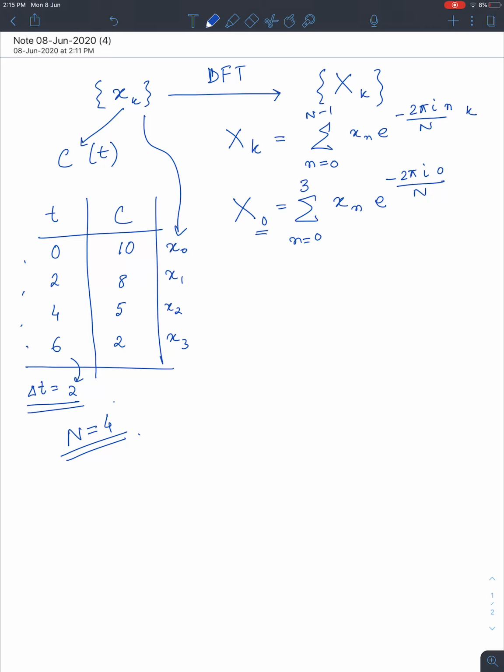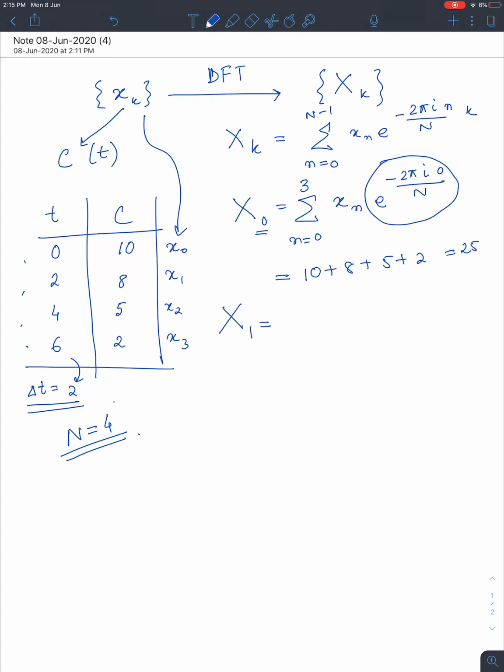Since this exponent is 1, it's simply a sum of the different values of xn. So it is 10 plus 8 plus 5 plus 2: 18, 20, 25. So that is my X0, 25.